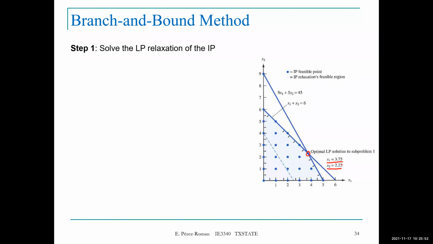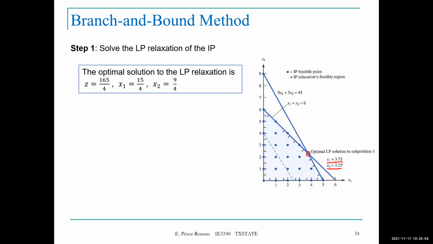Okay, so that's the LP relaxation solution: Z equals 165 over 4, x1 equals 15 over 4, x2 equals 9 over 4. So we got an initial solution, but we know that this solution is not integer.